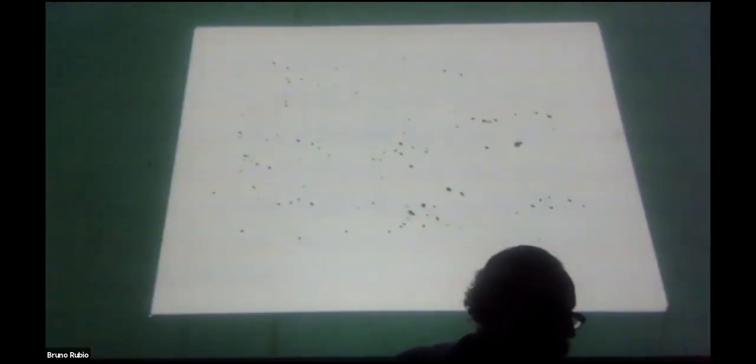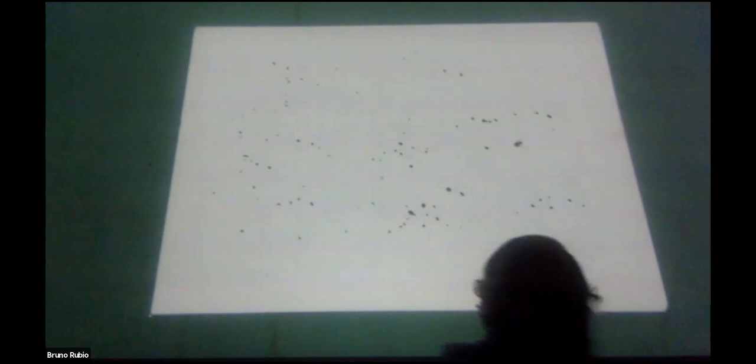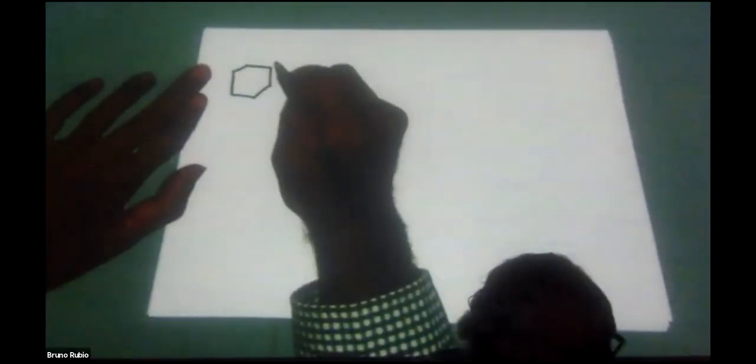Okay, so let's try another carbocation mechanism. Another alcohol dehydration mechanism, practice in drawing these mechanisms. Okay, so our starting material is this.